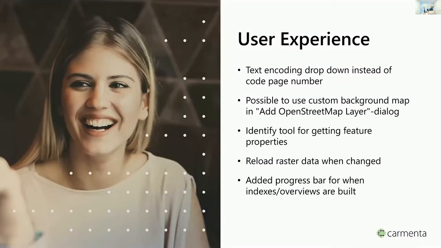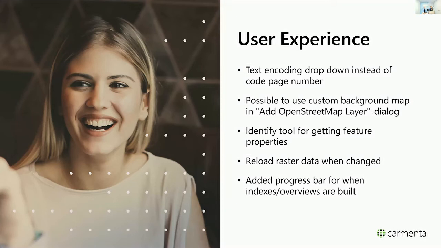And we did lots of things on the user experience side. We made it possible to set the code page for your geodata with a drop-down instead of having to type in the code page number. We made it possible to set a custom background map in the Add OpenStreetMap layer dialog. We made an identify tool that makes it possible to click on vector features and figure out what properties they have.